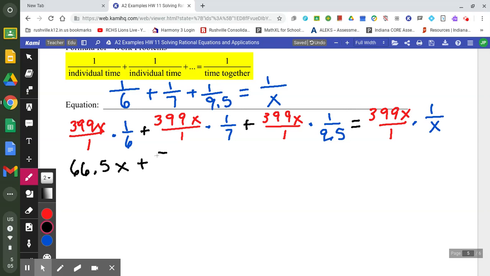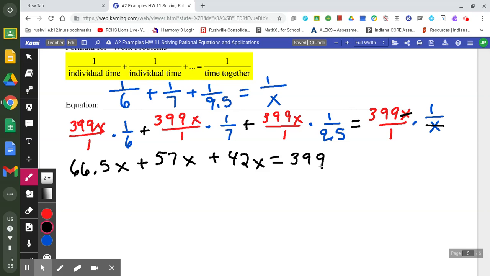That gives me 57x plus 399 divided by 9.5 gives me 42x. And then here I get rid of the x on top, x on bottom, so equals 399.